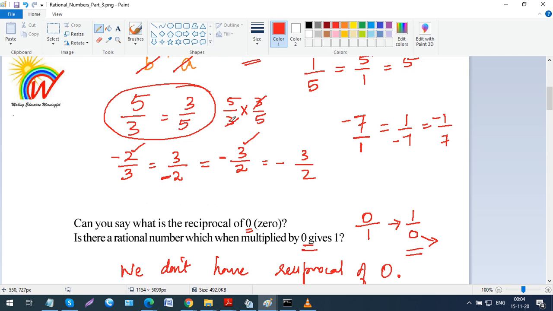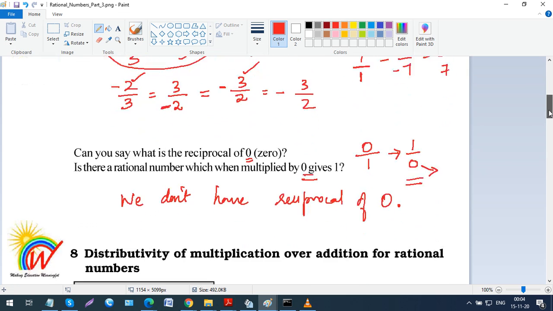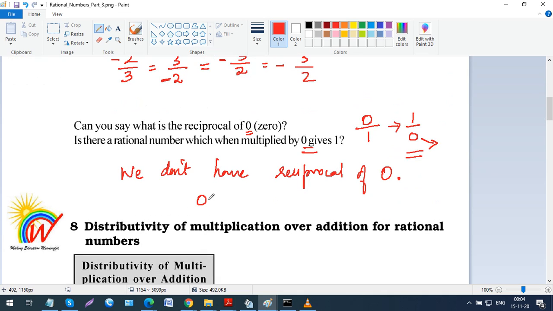Similarly, can you find a number that when multiplied with 0 gives 1? Even 1 by 0 is not going to give you 1, because 0 multiplied by any number gives 0 itself. So there is no such number, and that is why this does not exist.